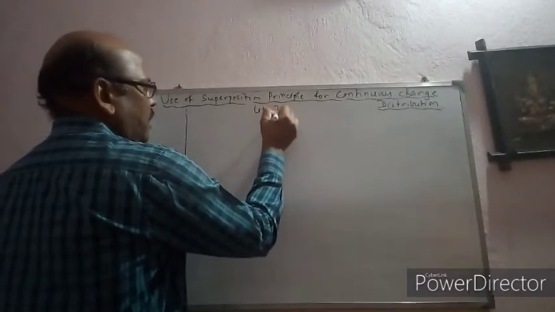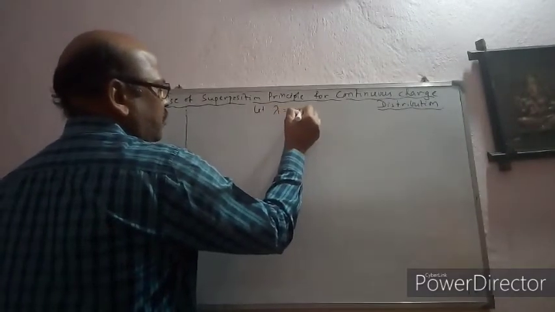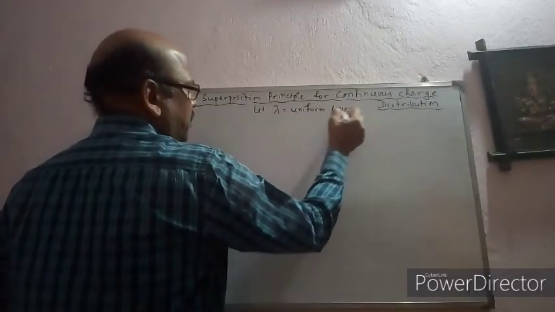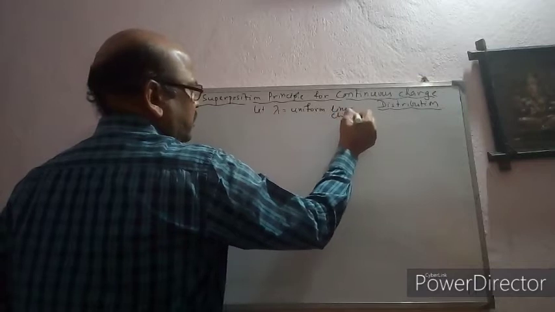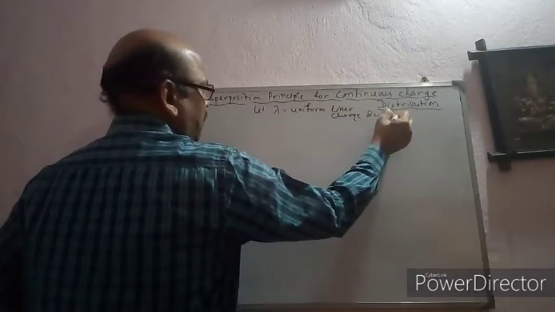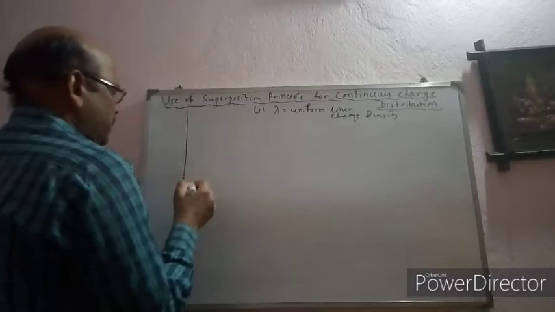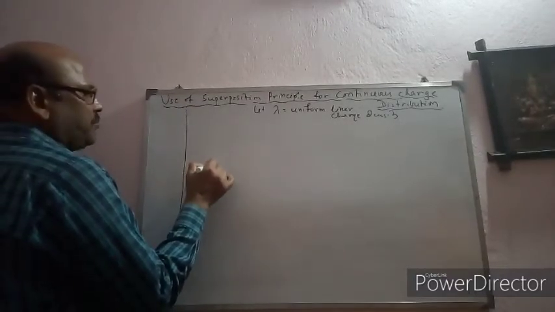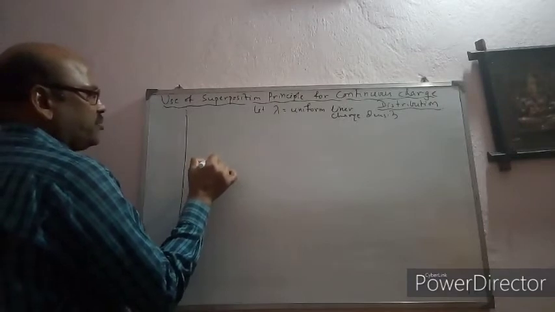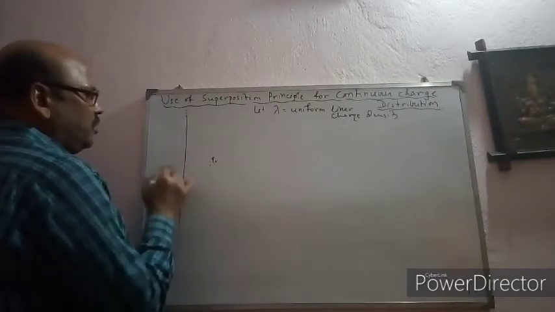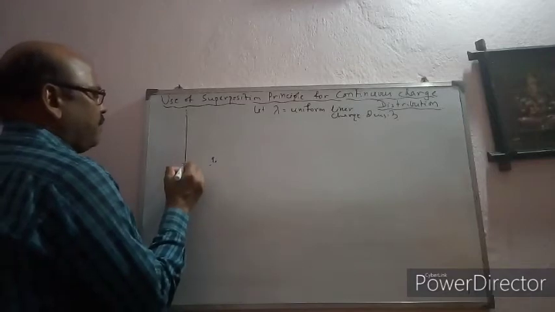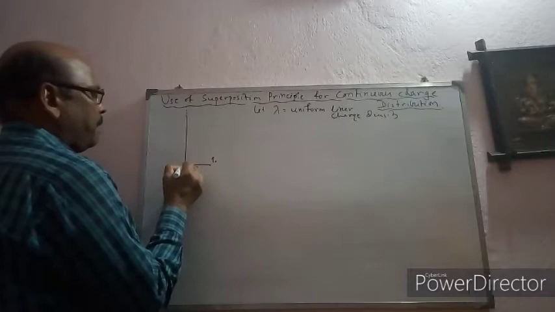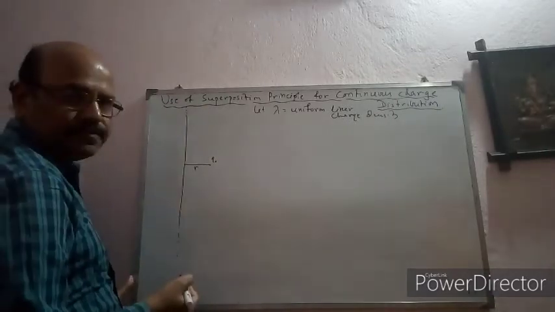So let lambda be equal to the uniform linear charge density, and let us find the electrostatic force experienced by a test charge q naught, which is at a perpendicular distance r from this linear charge distribution.